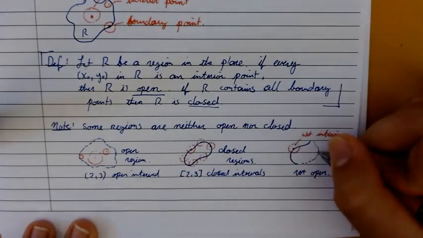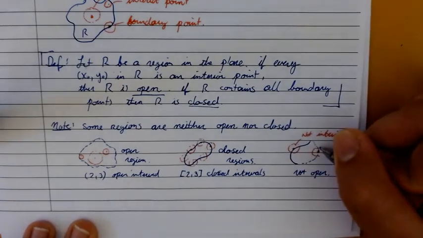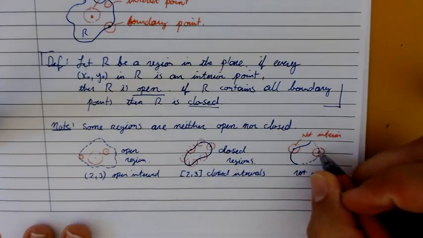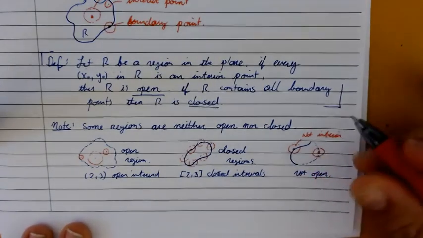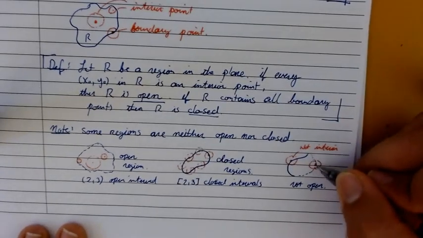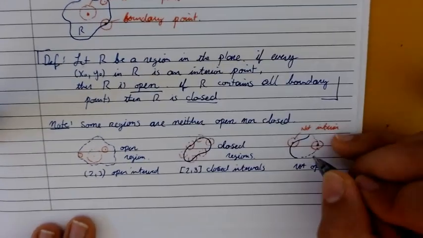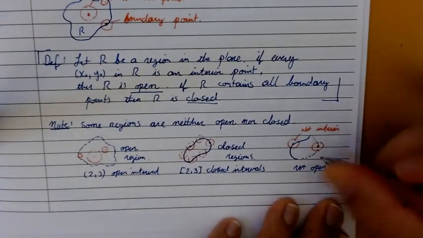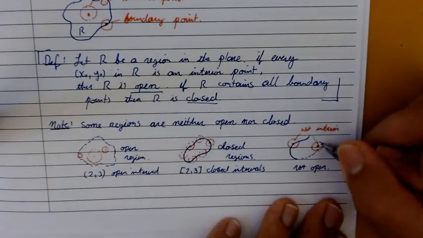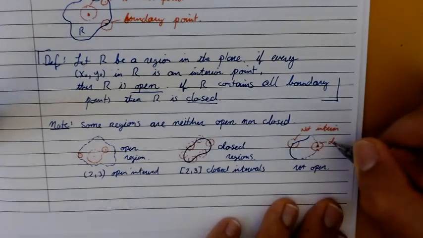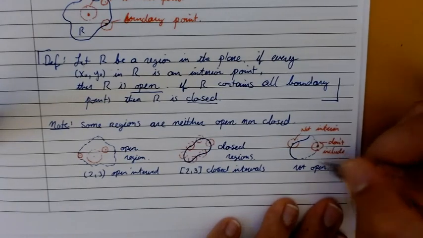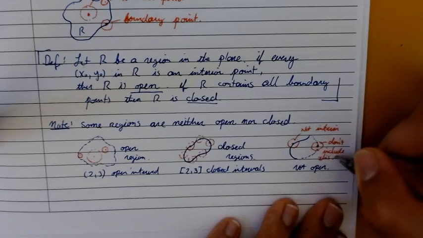Because this right here is a boundary point. It includes points that are inside and outside in the neighborhood around it. No matter how small I make that neighborhood, I'll have some points that are in and some points that are out. But that's not part of my region. The dotted line means that I go up to that line, but that line is not part of my region. So here, I don't include all my boundary points. In particular, I don't include this boundary point.